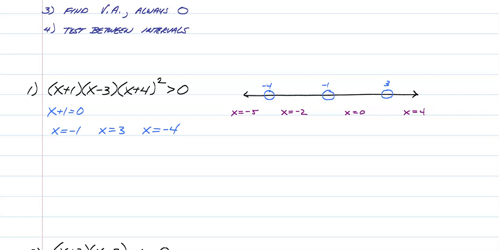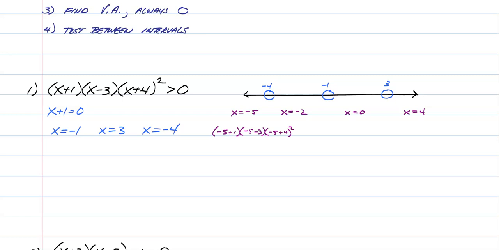But then all you're going to do is plug them in. But here comes the shortcut part. So we have negative 5 plus 1 times negative 5 minus 3 times negative 5 plus 4 squared. All I did was plug the numbers into the original inequality.